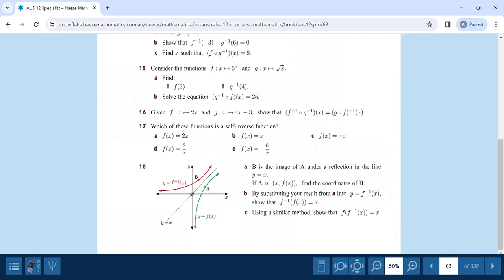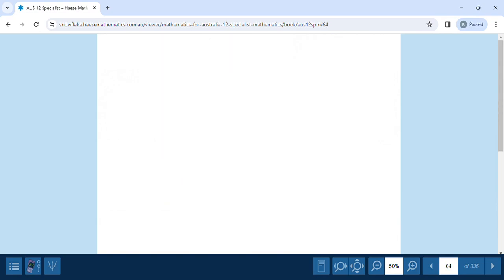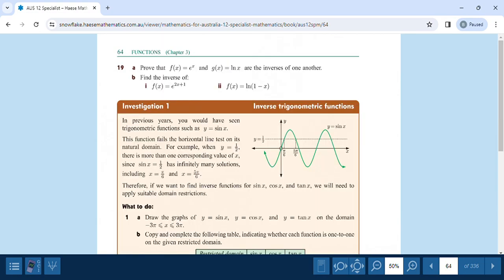We've talked about self-inverse, like in 17. A lot of these questions are quite repetitive. So prove that e to the x and ln x are the inverses of one another. What you need to do for that one is find f of g of x, and if that is the identity function y equals x, you're on the right track.